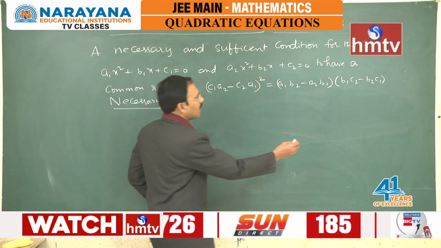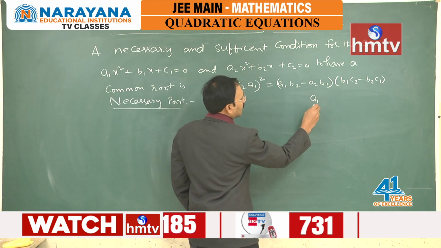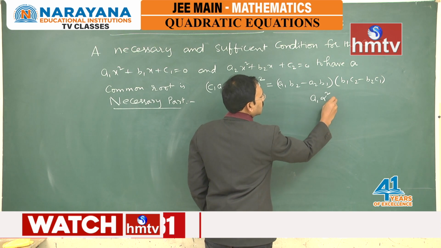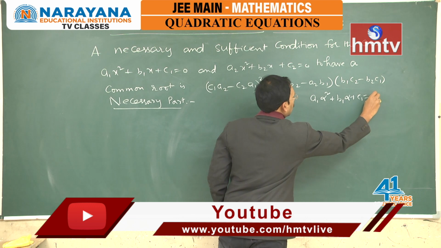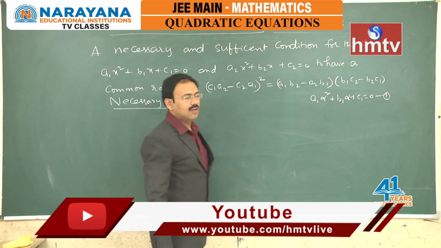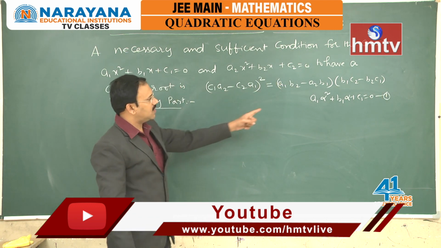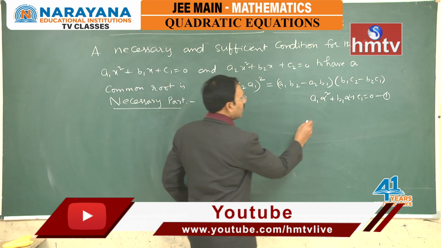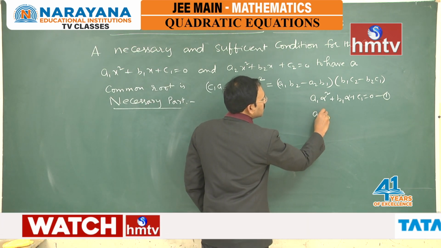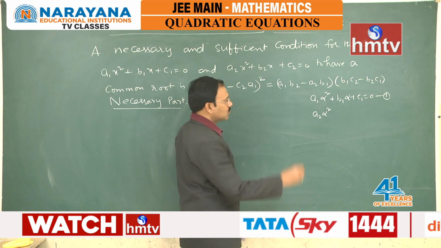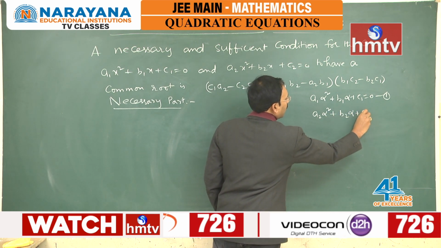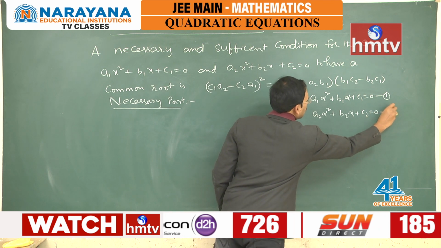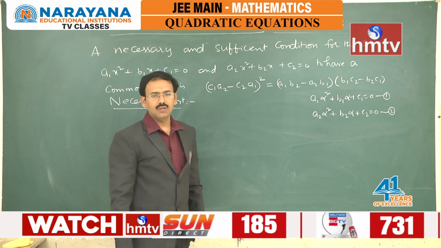If they have a common root alpha, I can take a1 alpha square plus b1 alpha plus c1 equal to 0, equation 1, because alpha is a root of the first equation. Even alpha is a root of the second equation, so we get a2 alpha square plus b2 alpha plus c2 equal to 0. This is condition 2.